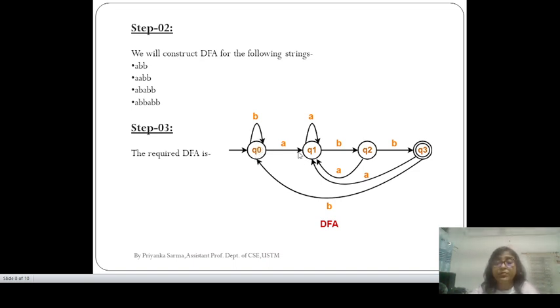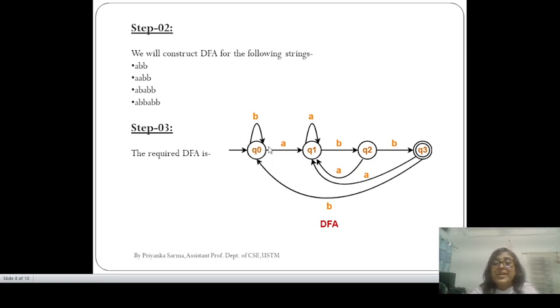So first, Q0 can move to its next state Q1 after accepting input alphabet A. Similarly, after accepting input alphabet B, Q0 can remain in its own state, and Q1 can move to its next state after accepting input alphabet B, and Q1 can remain in its own state after accepting input alphabet A. Similarly, Q2 can move to its next state, that is Q3, after accepting input alphabet B, and Q2 can move back to Q1 after accepting input alphabet A. Similarly, Q3 can move to Q1 after accepting A, and it can move to Q0 after accepting B. So this is the overall diagram of the DFA for the given strings.